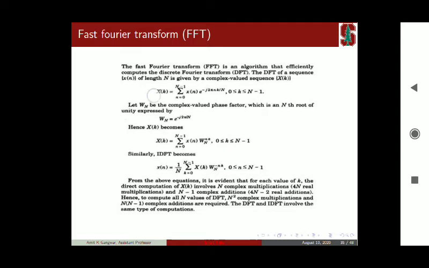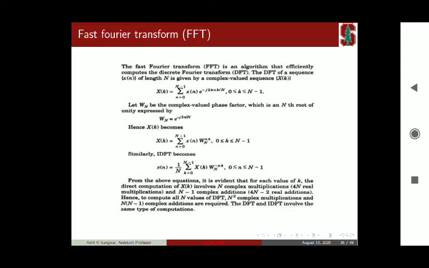In the current formula, how much computation is required? For X(k), we need N complex multiplications, because n is equal to 0 to N minus 1, and N minus 1 complex additions, because addition of two numbers needs only one addition, so it is N minus 1 additions.